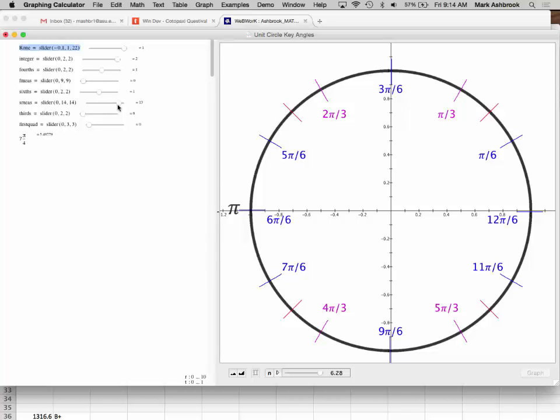So the 2 pi over 6 becomes pi over 3. The 4 pi over 6, 2 pi over 3. The 8 pi over 6, 4 pi over 3. And the 10 pi over 6, 5 pi over 3. Okay, so these are the thirds. These 4 angles are the ones that are the thirds.